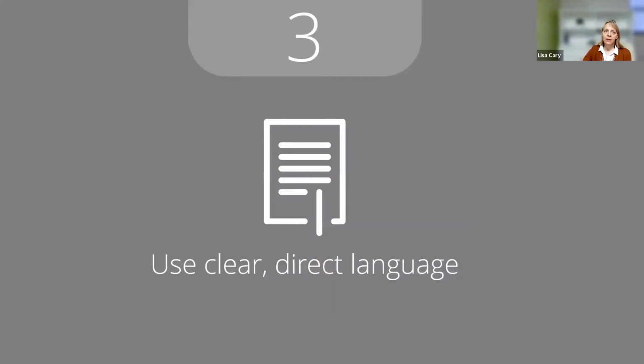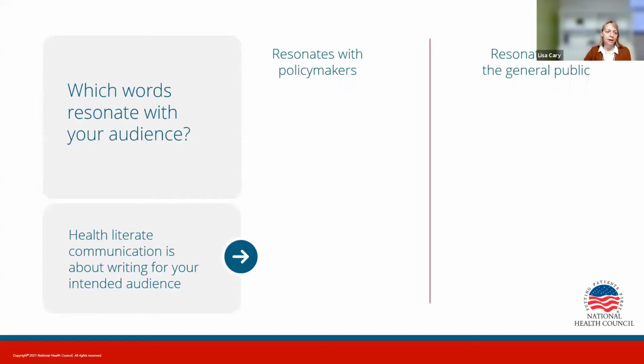This is sort of the principle that most people think of when they hear the term literacy. So again, knowing who your audience is will help you choose the words that will resonate with them. So for example, these terms might resonate with an audience of policymakers who think in terms of economic factors, revenues, sustainable energy, constituents.